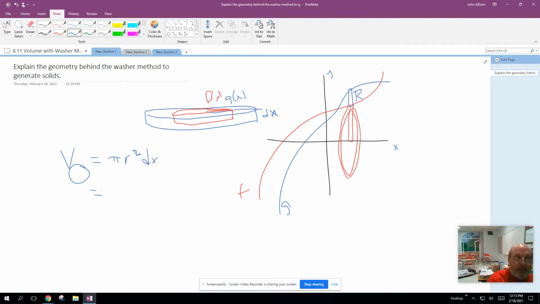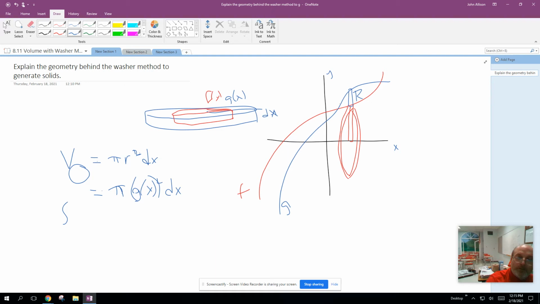And the radius in this case is g of x, so it's pi times g of x squared dx. We would get the volume of the entire thing by integrating. That was one disk, the big disk.